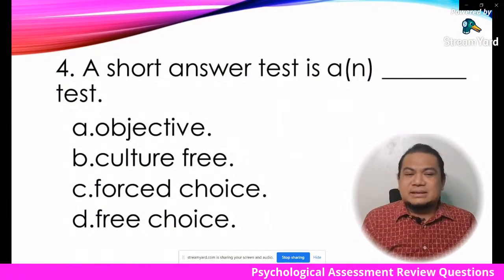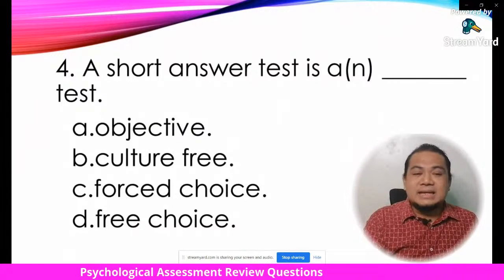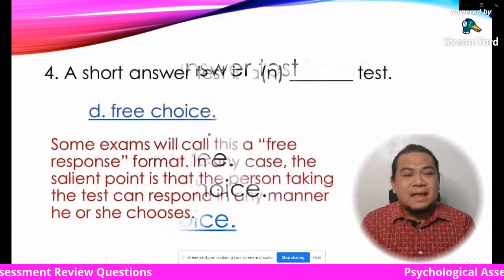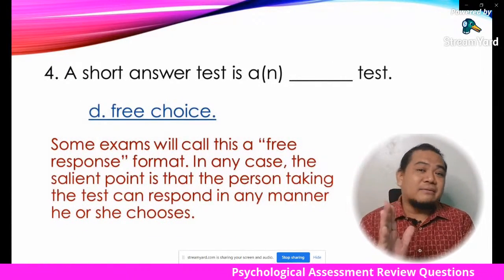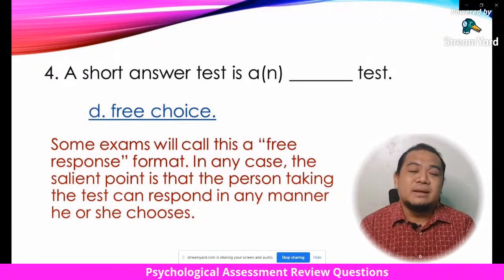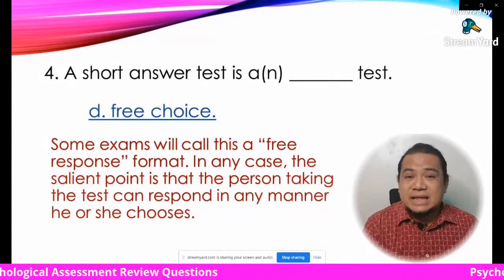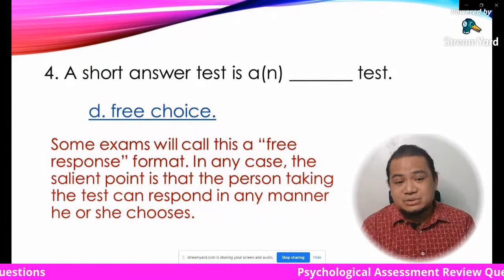Next, number 4. A short answer test is a blank test. And the answer here is letter D, free choice. Some exams will call this free response or a free response format. In any case, the salient point is that the person taking the test can respond in any manner he or she chooses.